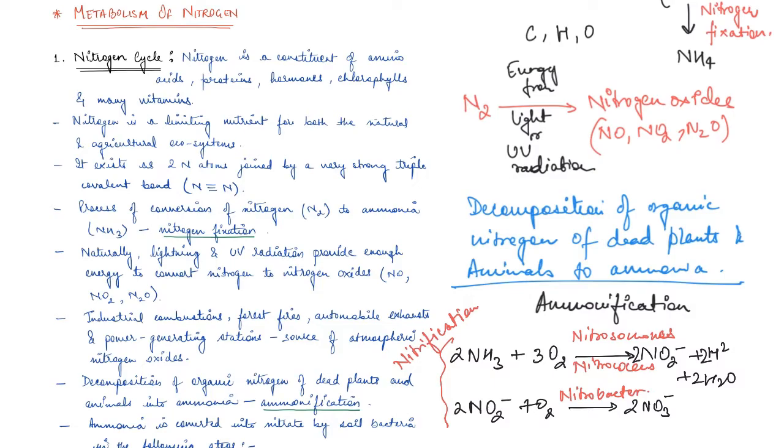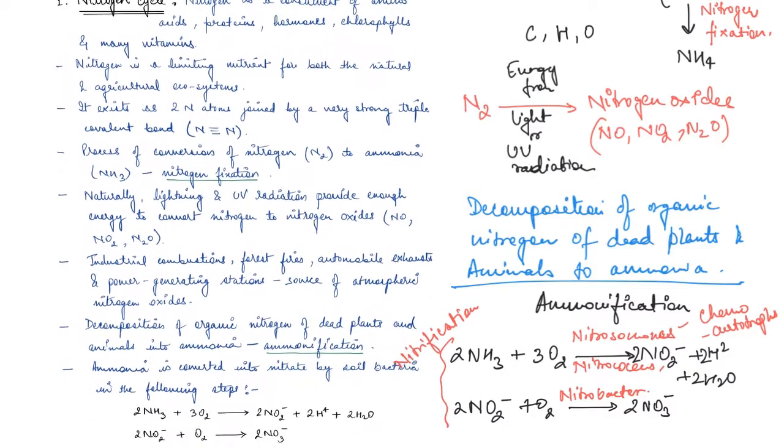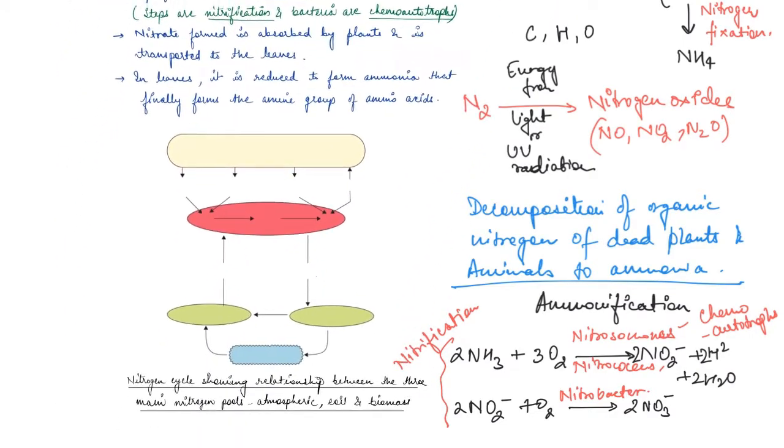And these nitrifying bacteria are known as chemoautotrophs, right? And you'll see this in the diagram as well that I'm going to show you.